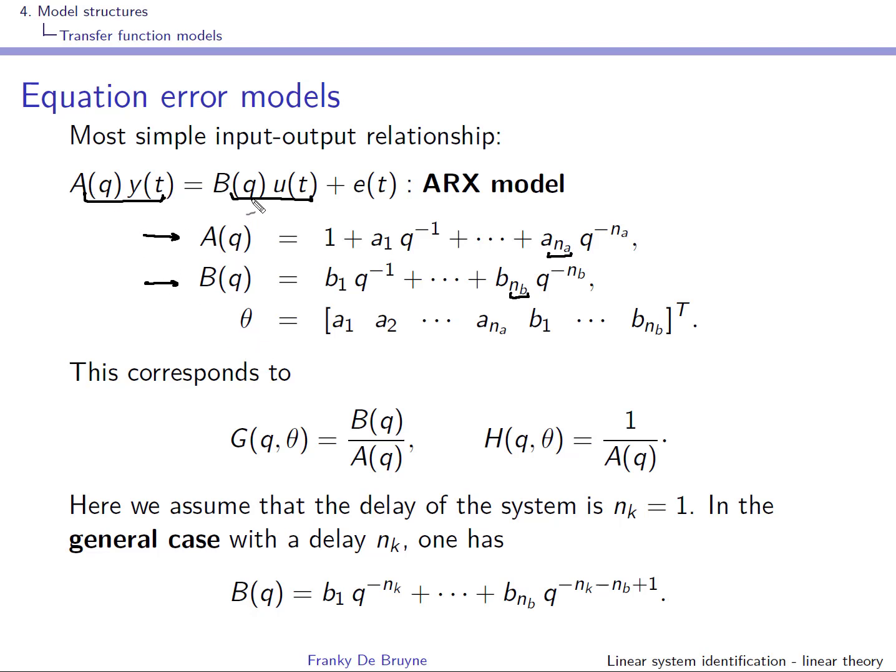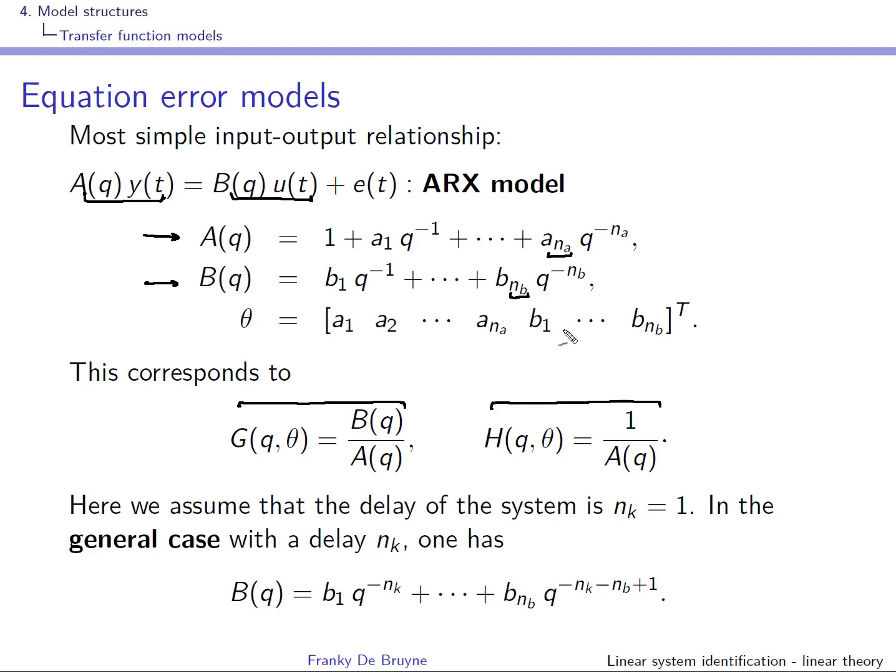So if you divide by A, you can see here that the input-output transfer function is the B polynomial over the A polynomial, and the noise model is 1 over the A polynomial. You see that G and H have the A polynomial in common.